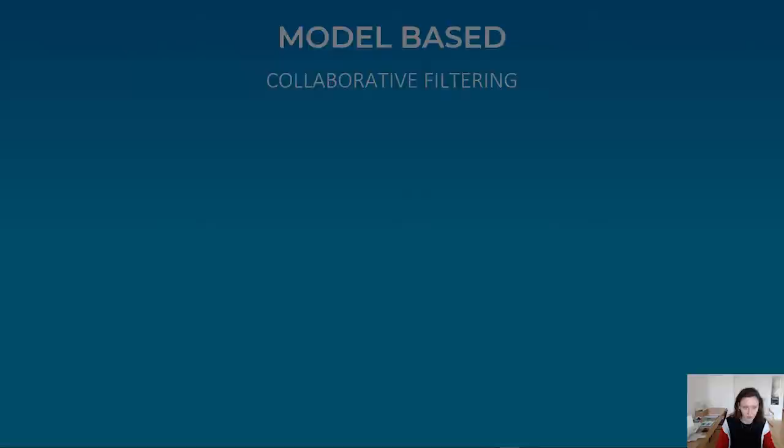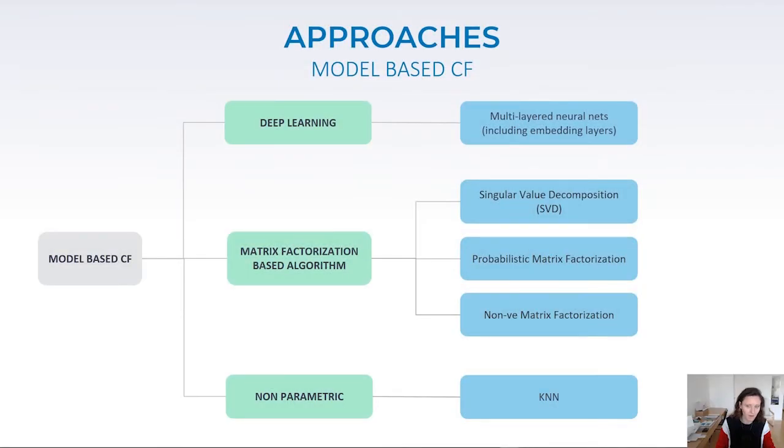Let's take a look at model-based. There are three main approaches. One is deep learning, which uses multiple layers of neural nets. Another one is matrix factorization, which is commonly used, and it can use techniques like singular value decomposition, probabilistic matrix factorization, and non-negative matrix factorization.